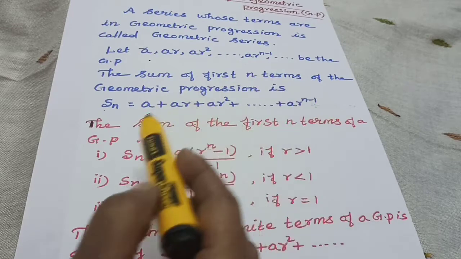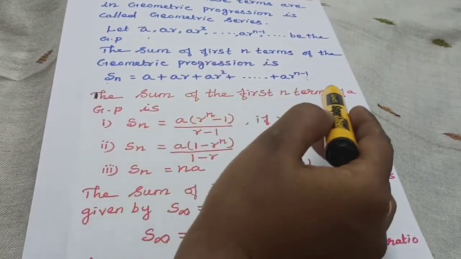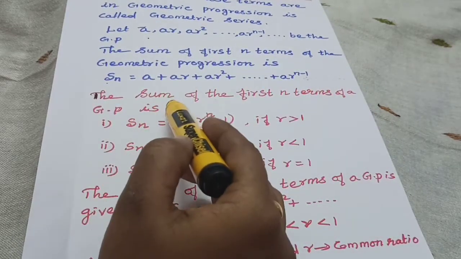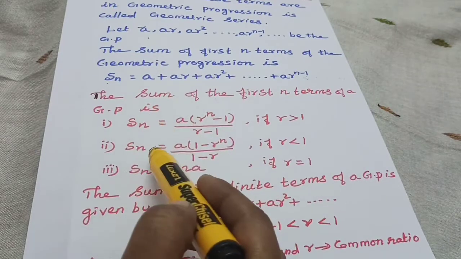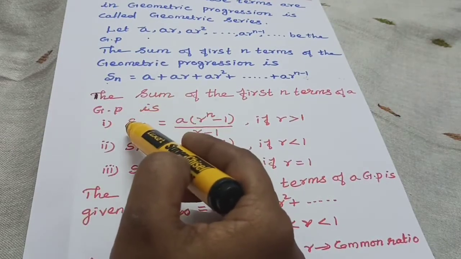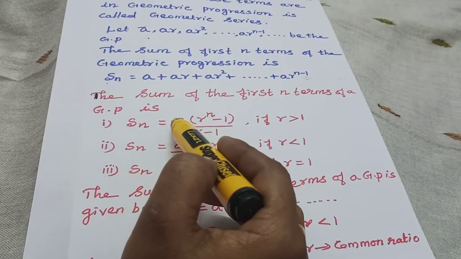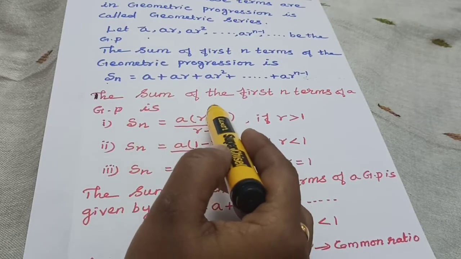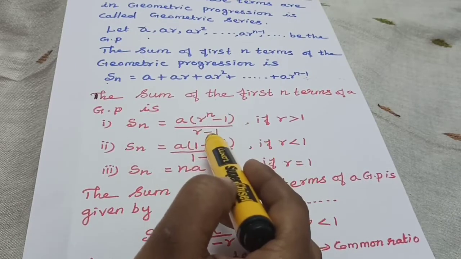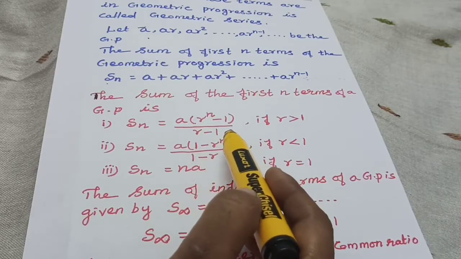Then the sum of the first n terms of GP, some formulas are there. First one, Sn is equal to a into r power n minus 1 divided by r minus 1.